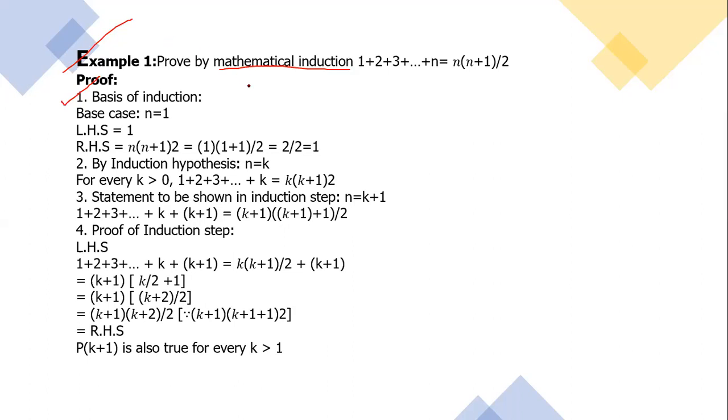So we can go with 0 or 1. If it is mentioned with 0, for example, I can rephrase this statement like this, right? i equal to 1. Sometimes it may start with 0. Then you have to go with n equal to 0. Now here i equal to 1 to n.